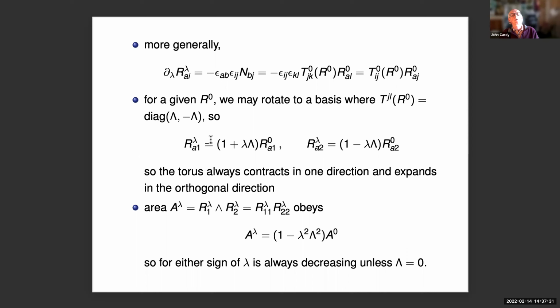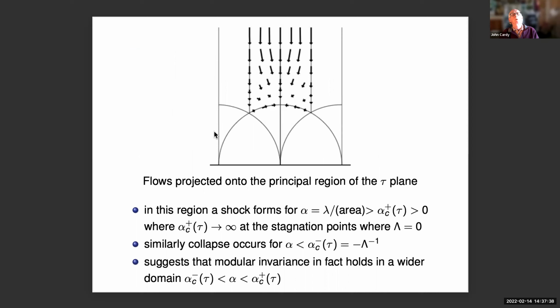And there are such points in the moduli space by symmetry. So here's a picture of the moduli space in the standard way, where we talk about the tau plane and the principal region. And basically, this shows you how the TTbar fluid flows, starting from a definite point in moduli space, and it flows along the lines of symmetry, but there are stagnation points because of the extra symmetry.